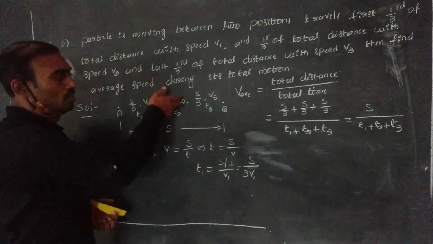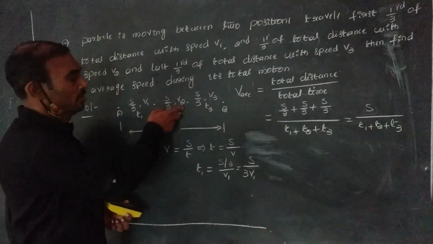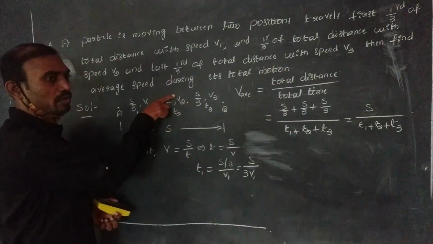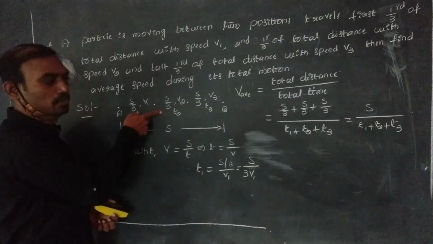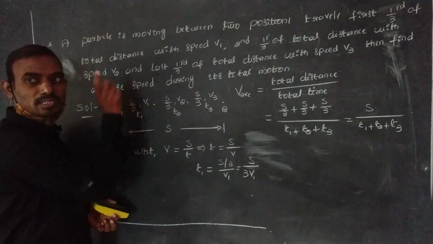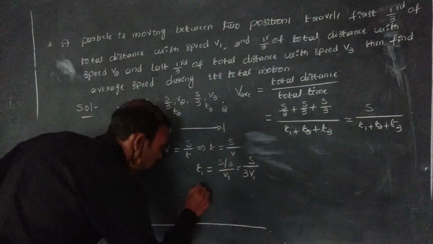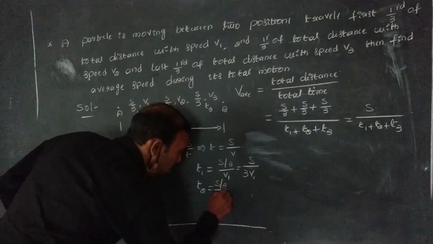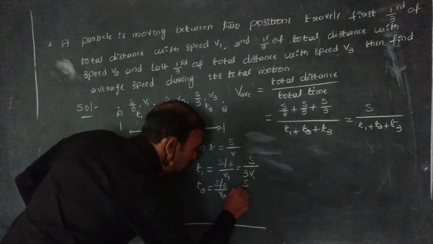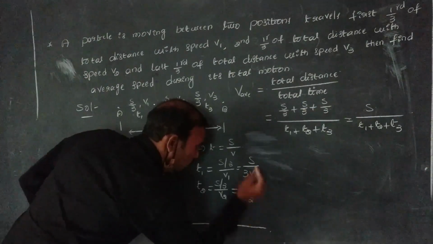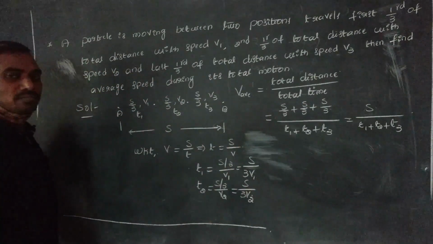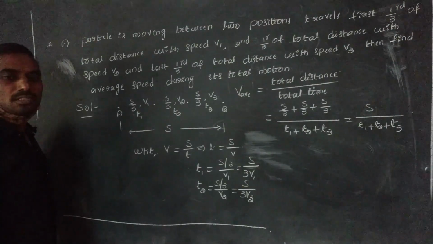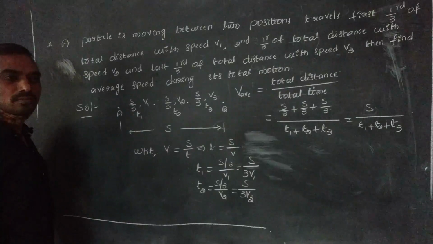Now come to the second one third distance. What is the time taken for the second one third? t2. Speed v2 and distance travelled S by 3. Therefore t2 equals S by 3 by v2, that equals S by 3 v2.